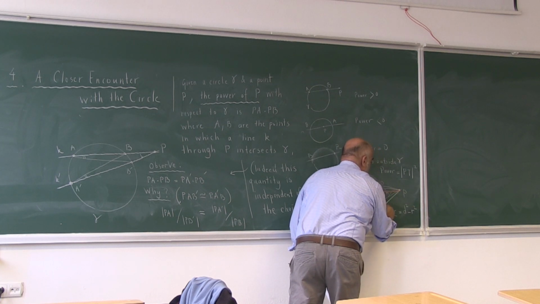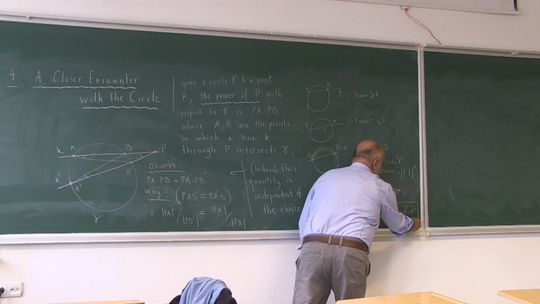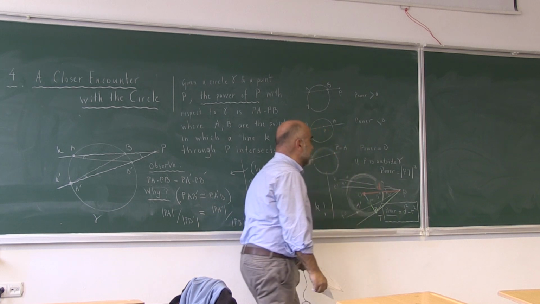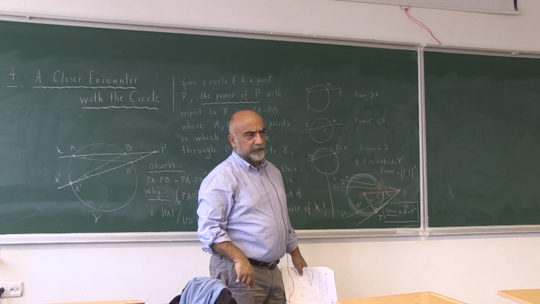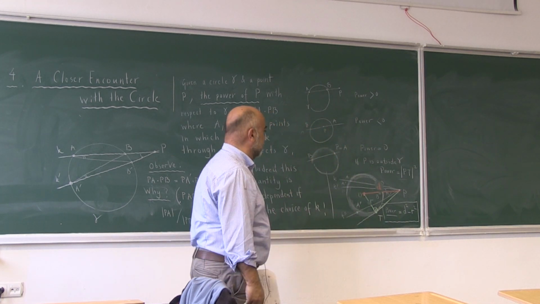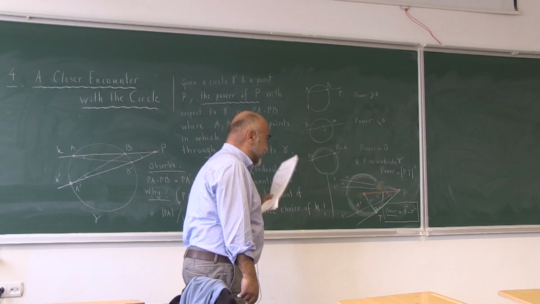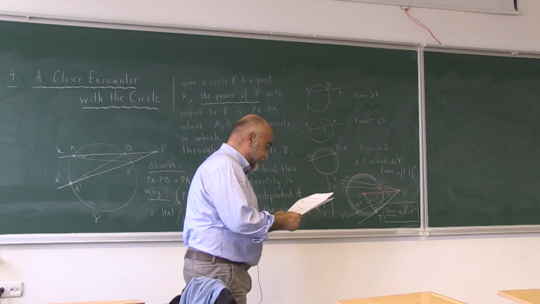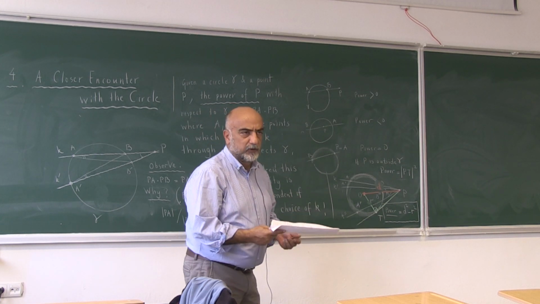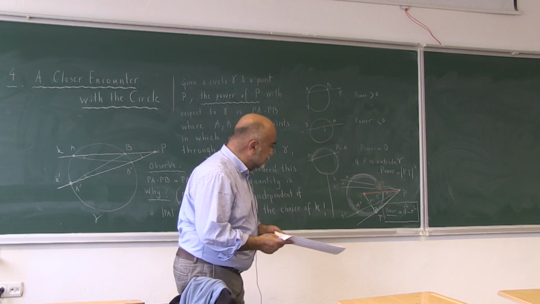Okay, so that is a rather important formula, and in fact, I shall immediately make use of it to derive a rather interesting result. Okay, so that's power of a point with respect to a circle.